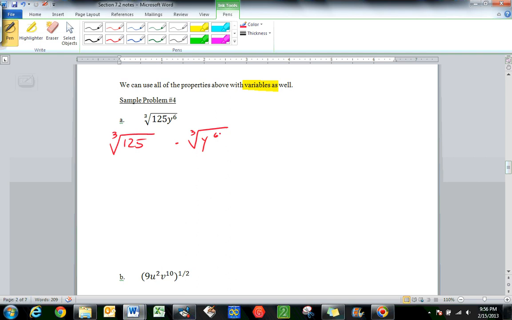Now, cubed root y to the 6, we can go a little bit farther and we'll get to that in just a second, but let's just deal with the cubed root of 125 first. We're fortunate in this regard that we don't have to break the 125 apart because the cubed root of 125 is actually 5. Now, the cubed root of y to the 6.